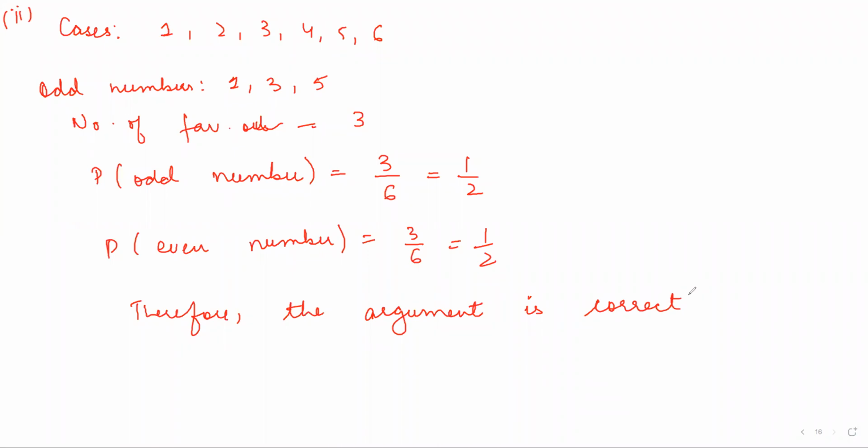So I suggest that you do more questions, especially this kind of question where 2 dice or 3 coins are tossed, and at least or at most type of terms are there. In RD Sharma, I think you will find many questions like that.